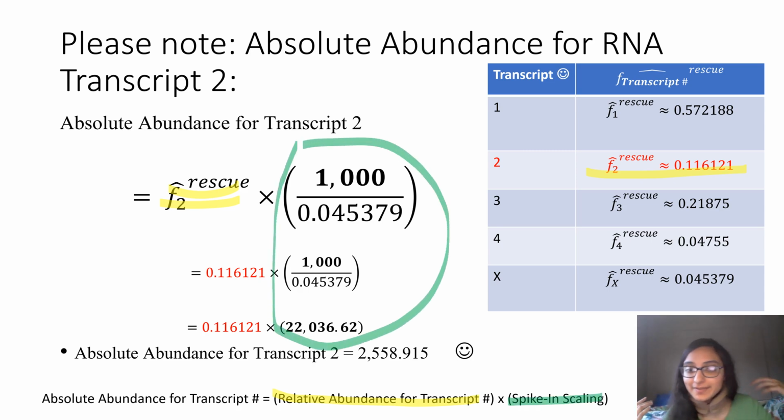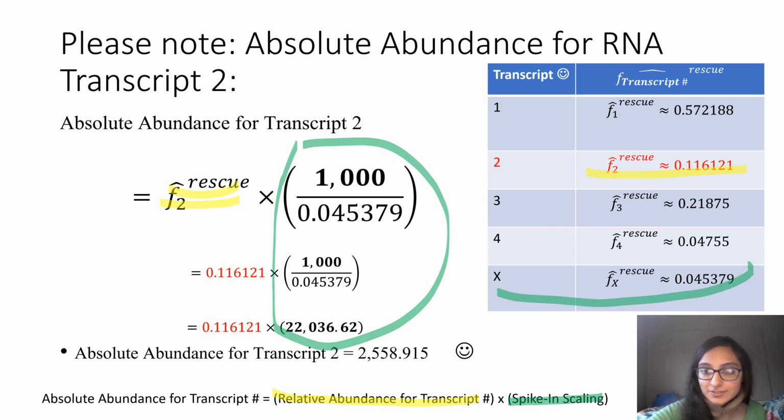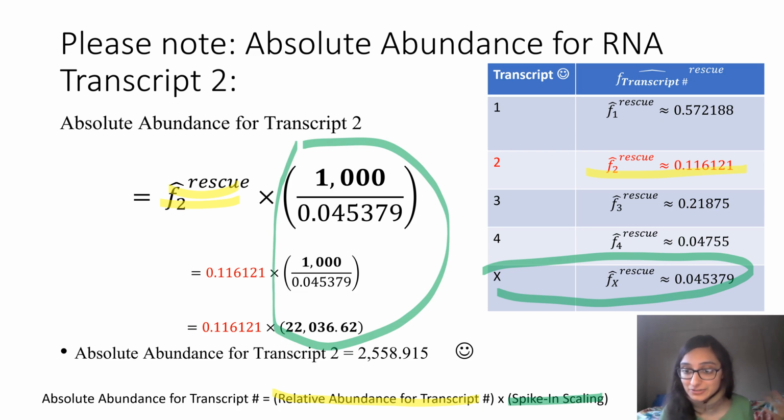You just multiply by that ratio, which takes into consideration the Spike-in control, which is X: the absolute abundance of the Spike-in divided by its relative abundance. We use it as a scaling factor and multiply it by the relative abundance of the transcript of interest, which here is 0.116121. And then we get our absolute abundance for transcript 2.